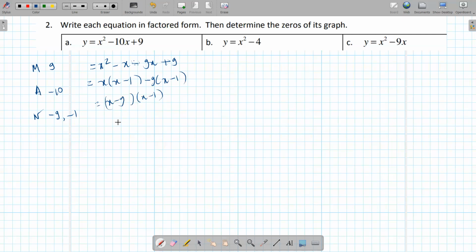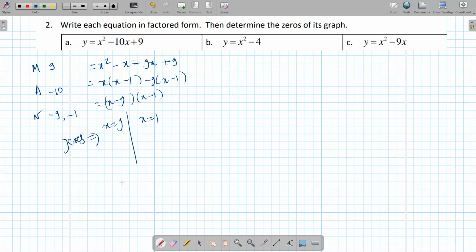You just flip the signs. It's at 9 and 1. Minus 9 becomes +9 and -1 becomes +1. Okay, do you understand that? To find the zeros, once you've factored it, you just flip the signs. Or if it's a difficult expression, you want to set it equal to 0 and solve for x. But here we can just flip it because it's a simple x minus something.